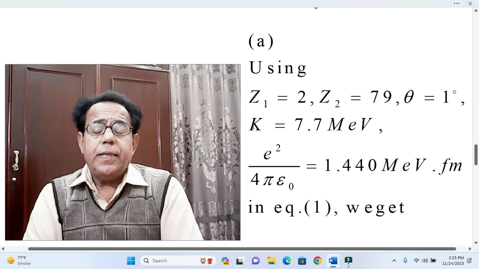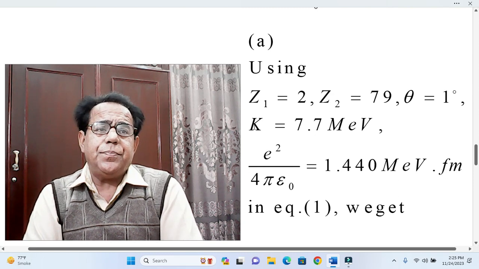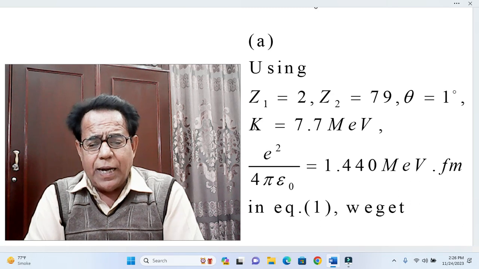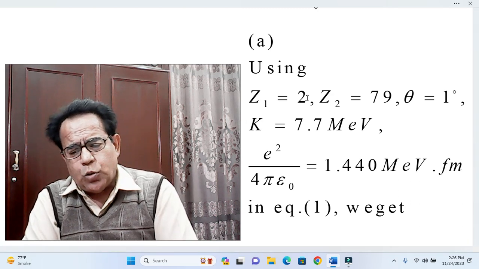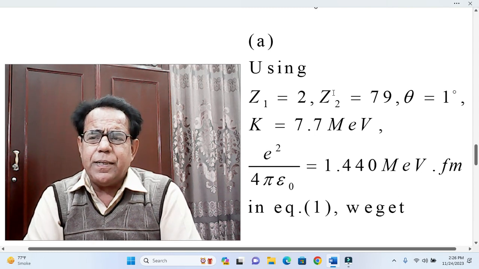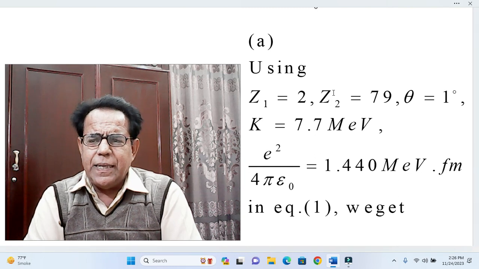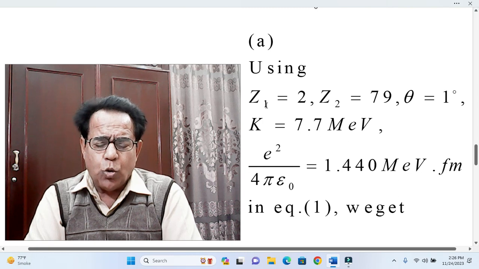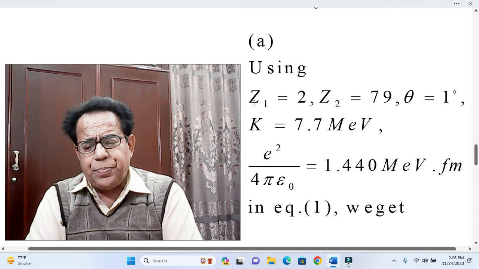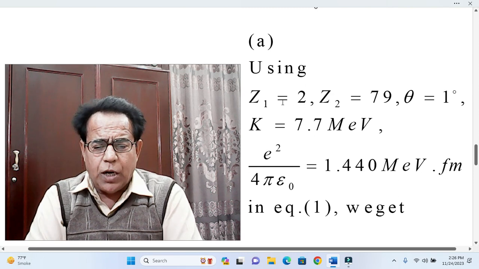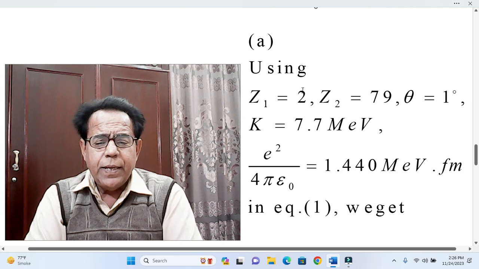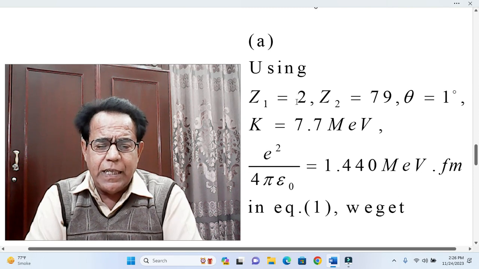While a little descriptive information, which was taken from Wikipedia, was included in the starting portion of this problem, in which atomic number, mass number, alpha particle, and gold were discussed. According to that discussion, this 2 is for helium nucleus, helium 4, that is alpha particle.